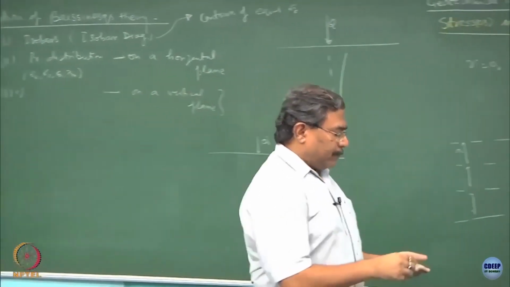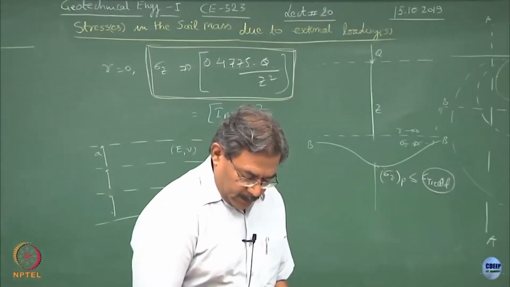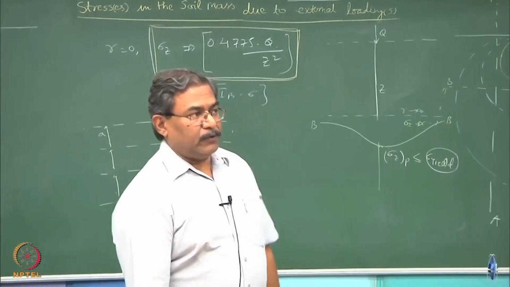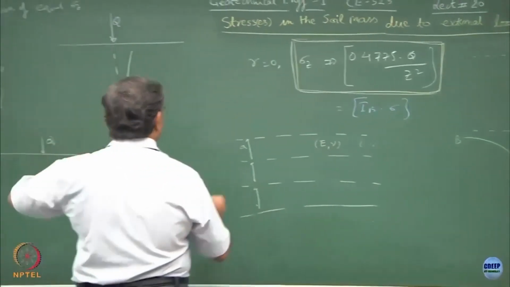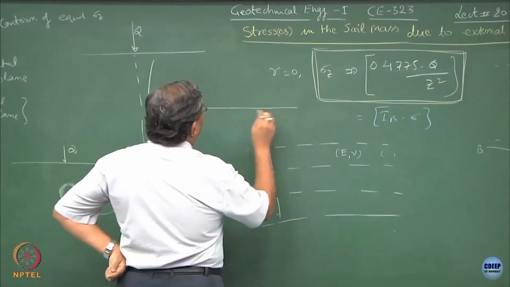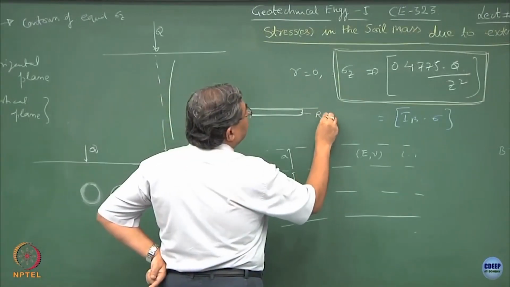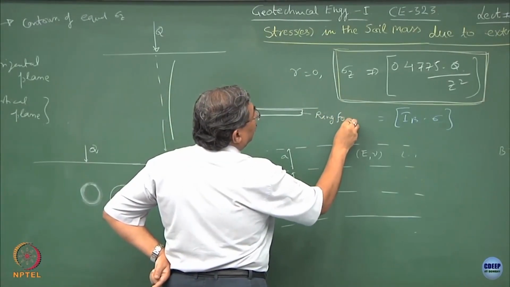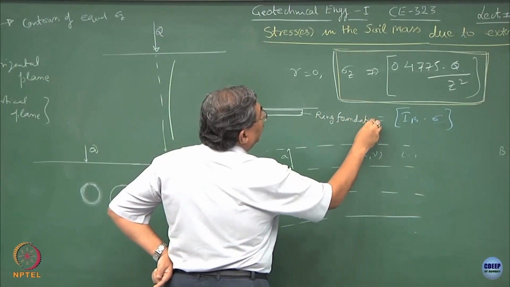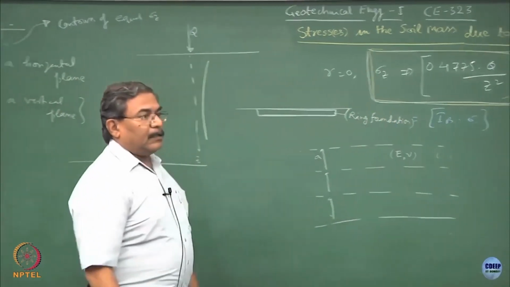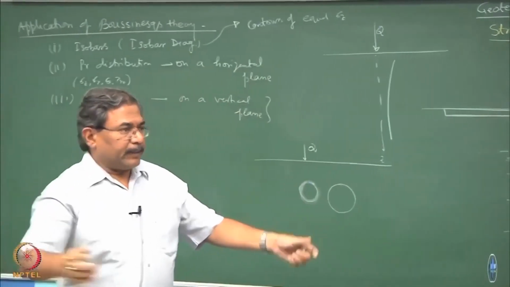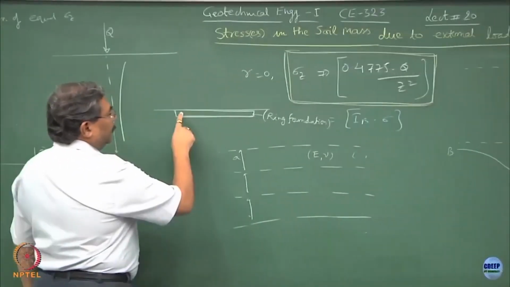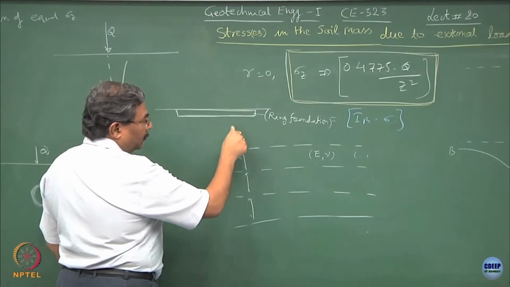But suppose I am designing a tank foundation, which you must be seeing as big tank farms in your structure. So, this becomes a ring foundation. Normally the oil tanks are seated on a ring foundation. I need not spend so much money because rafts are going to be expensive.